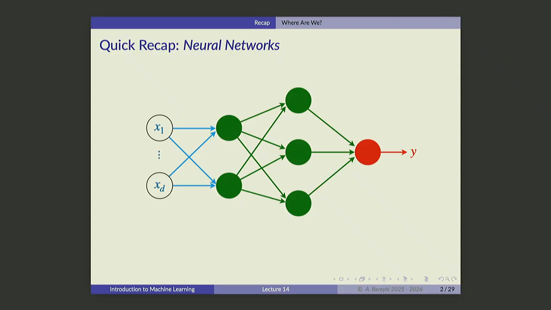There was a function which was looking at the data and trying to reduce the dimensionality. There was a function which was looking at the data and telling us the label. There was a function which was looking at the data, and again giving us the label, but this time the label could be real valued in regression, for example to predict the price. So anything that we have done up to this point is pretty much just implementing a function.